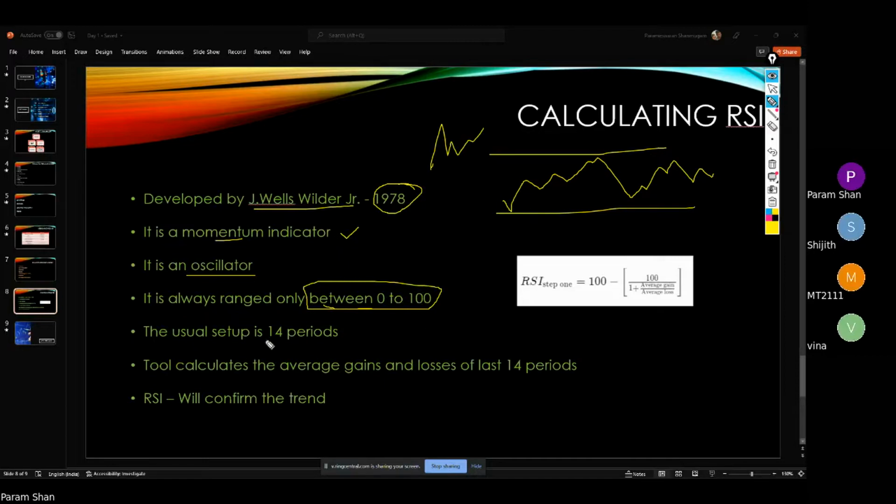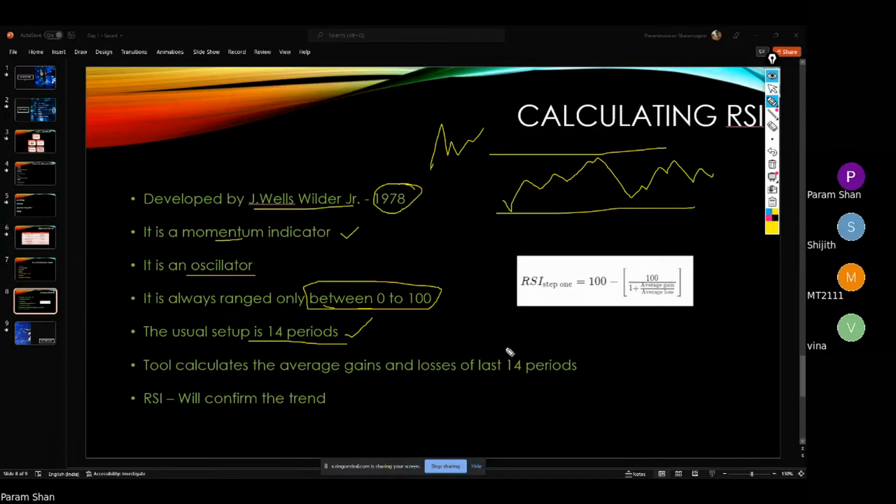The usual setup for RSI is 14 period. 14 period is still very good. We can continue to have it. There is no need for us to change. How people arrived at 14 periods, I don't have a background, but 14 period itself will give you a good result, right? So the tool calculates the average gain.